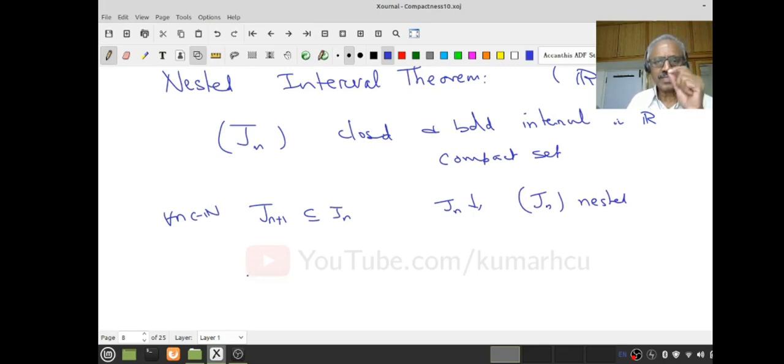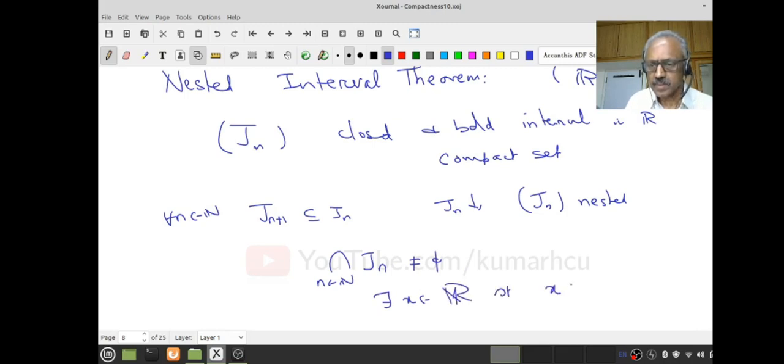Then what is the nested interval theorem? There is also a metric hypothesis which talks about the length of the interval, but I don't want to worry about that. We are in a general topological space, so let me look at only compact sets. Then what do I know? The theorem says the intersection of J_n is not empty. That means there exists x in R so that x is in J_n for all n.